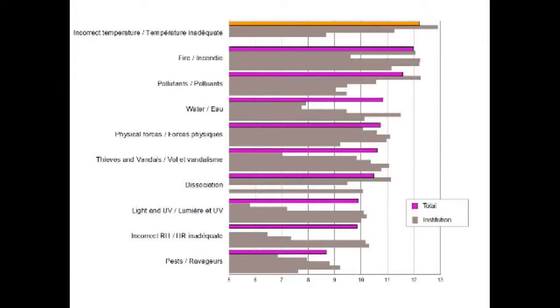Finally, just to gloss over, we already talked about incorrect temperature. This is at the top because of collections with substantial holdings of materials that are of low or medium chemical stability. So it's the archive with lots of low-quality paper, stuff from the mid-19th century to the mid-20th century.